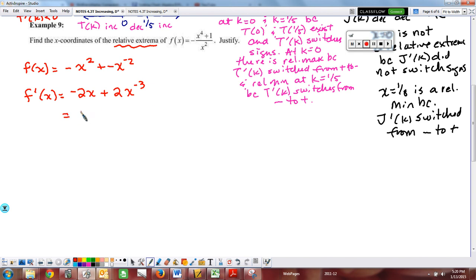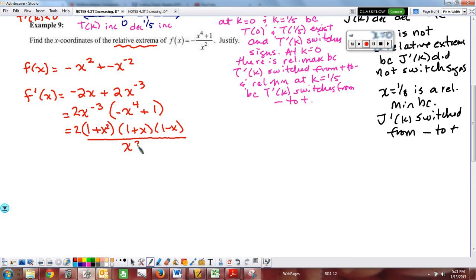And I am going to factor out the x to the negative 3 and a 2. 1 minus negative 3 is going to give me negative x to the 4th plus 1, which is really, let's go ahead and factor, 1 minus x to the 4th is 1 plus x squared, and then 1 minus x squared, which would be 1 plus x, 1 minus x, all over, put your 2 back up there, and x cubed.